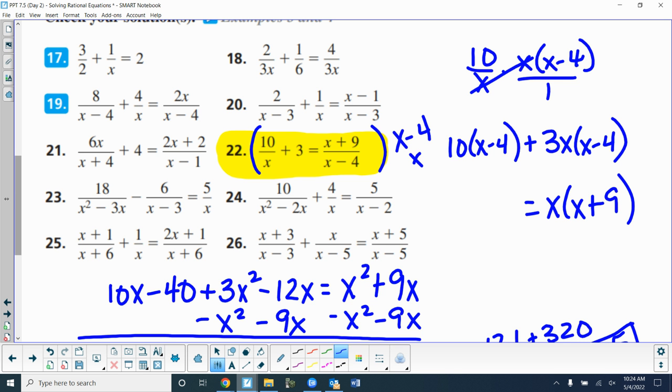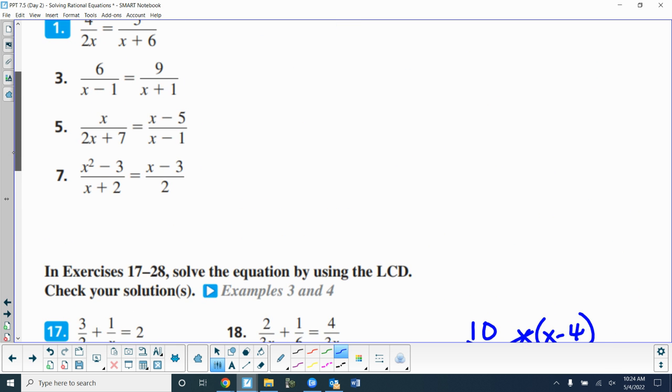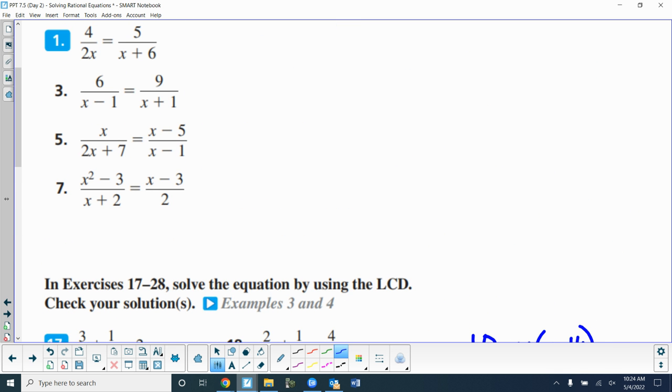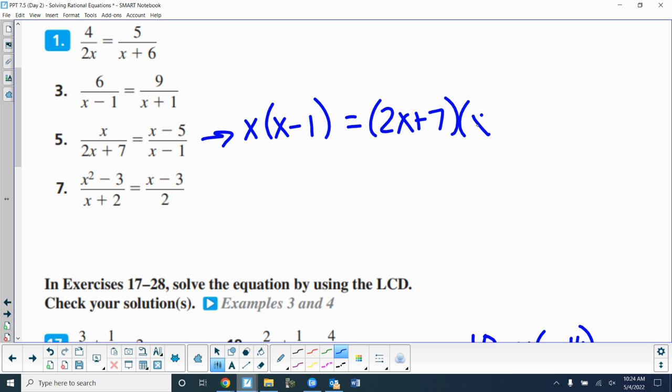In number 5, I got negative 7 and 5. Good question. Did you say number 7 or 5? 5. So you go x times x minus 1 equals 2x plus 7 times x minus 5, right?